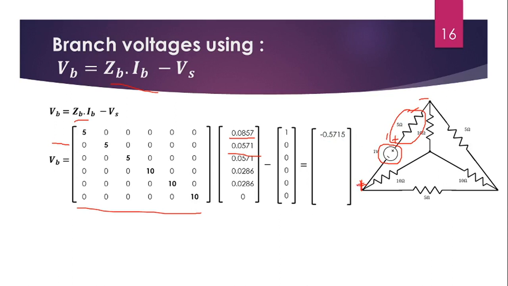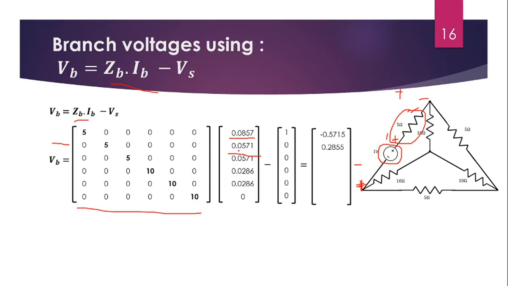So the minus sign indicates that whatever polarity we consider, it is reversed. If we consider this as plus and this as minus, that means Vs minus ZB into IB, in that case we are getting a plus value.